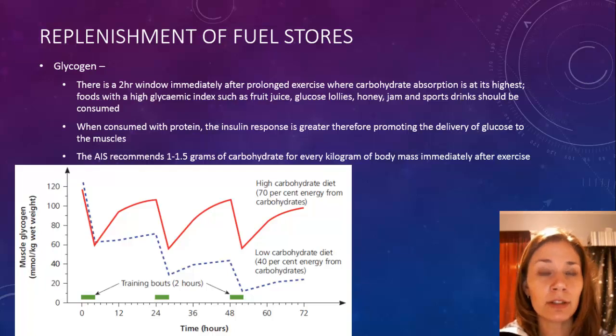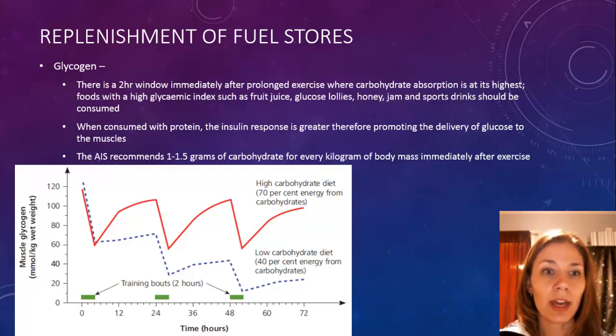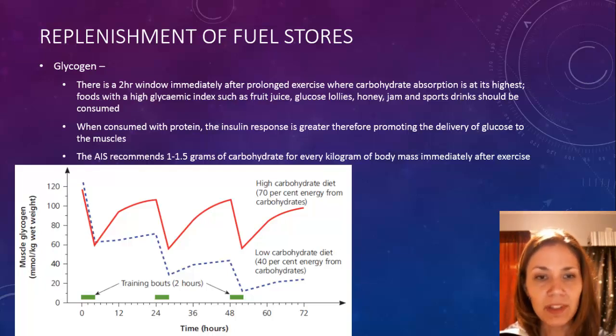If you have a look at the graph there on the screen, you've got a high carbohydrate diet compared to a low carbohydrate diet. And there's 3 different training bouts, so 3 training sessions of 2 hours each. And what happened there was the person represented by the red line had a high carb diet, and each time their carbohydrate stores were replenished almost back to the original point, not quite as much, but almost back.